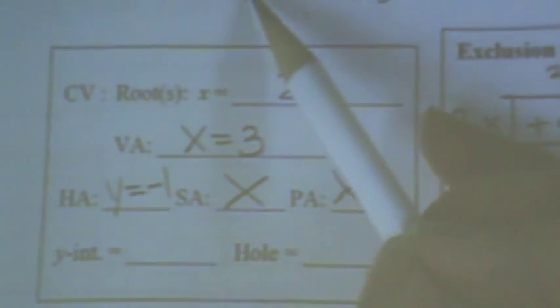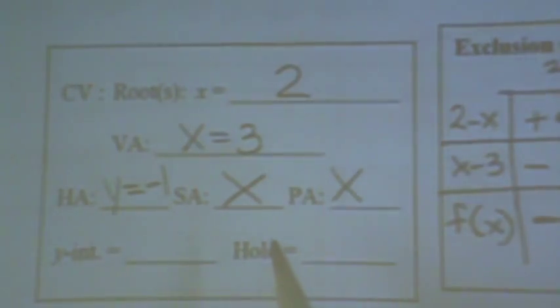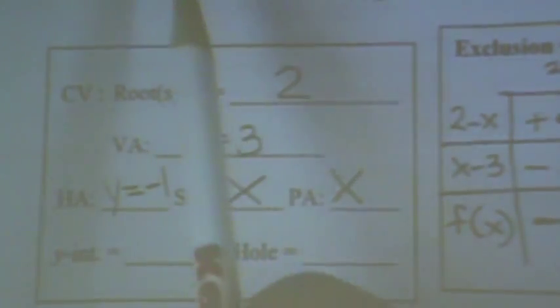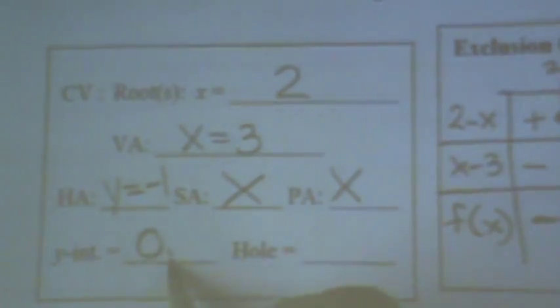So does everyone understand? The degrees of this one is the same, top and bottom. So you take the leading coefficient of the top over the leading coefficient of the bottom. It's not 2 over 1. It's the leading coefficient. You've got to find it. It's negative 1 over 1. How do you find the y-intercept? You replace x with 0 and you get negative 2/3.